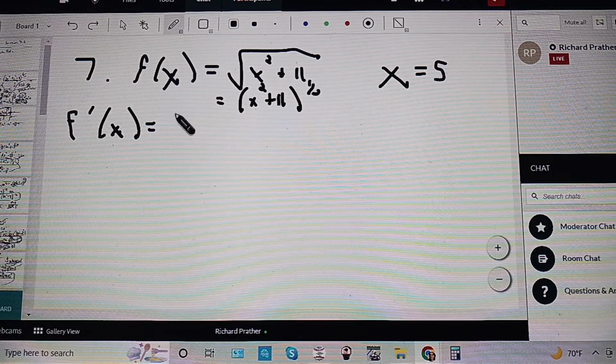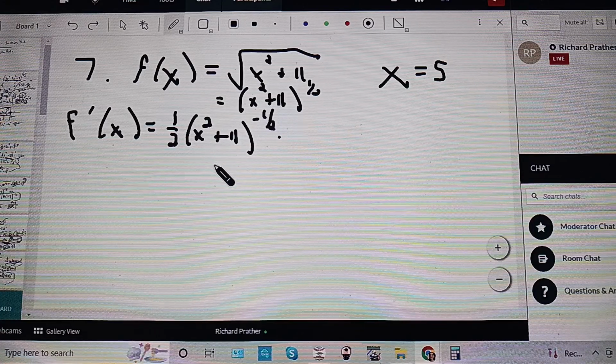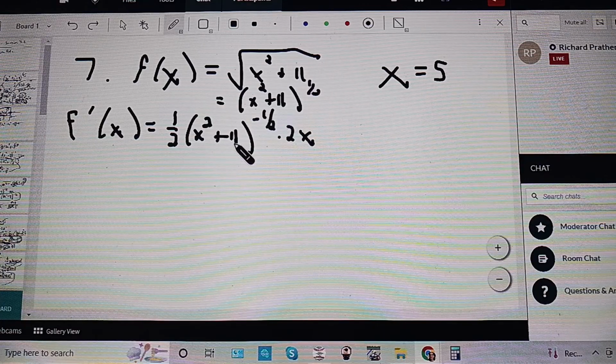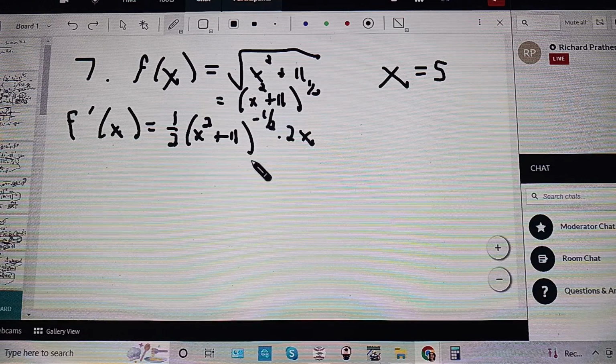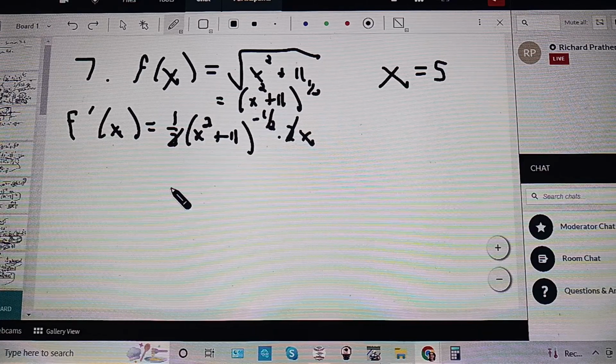1/2 times 1 is 1/2. Rewrite the base. And then decrease the exponent by 1. But then times the derivative of the inside if this base has a derivative different than 1, and it does. The derivative of x squared is 2x. And the derivative of 11 is nothing. But there's the chain rule coming into play again. And then this 2 could cancel that 2 because neither one is part of any exponent.